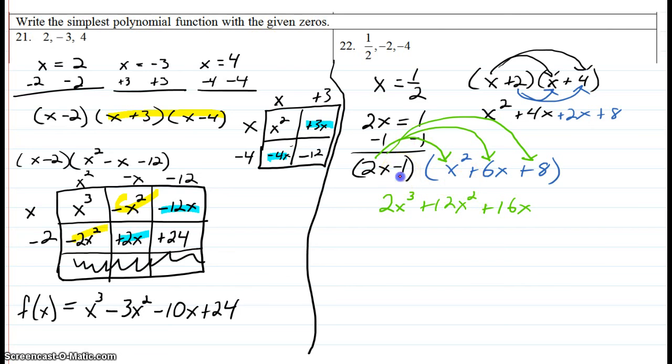And so now negative 1 times x squared. So when you write your answer, line up your x squared, so you get negative x squared. Negative 1 times 6 gives us negative 6x. And negative 1 times 8 gives us negative 8.